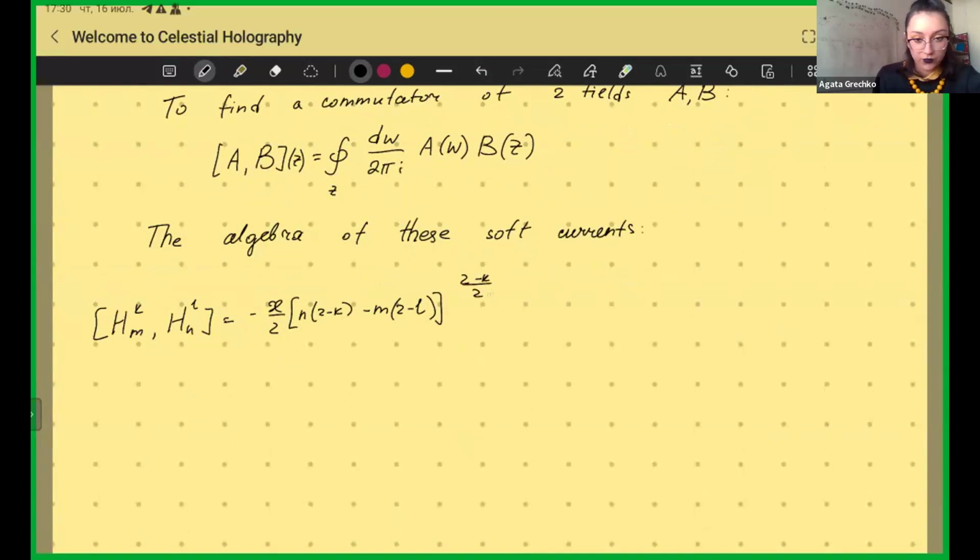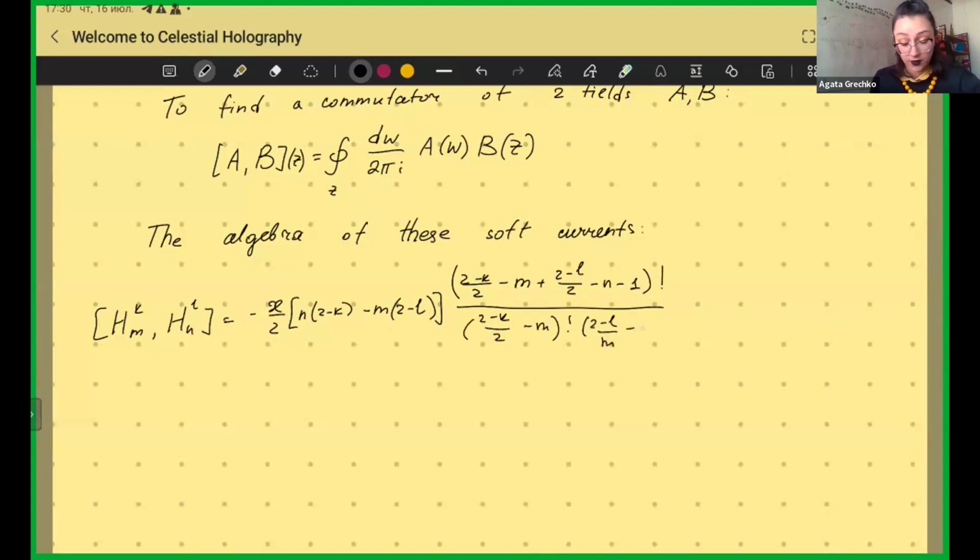But then we will do a little transformation that will make it all look much better. Minus n, minus 1, there are some factorials, factorials again, over 2 minus m factorial, then 2 minus l minus m minus n factorial, and then the same thing but with some pluses inside.